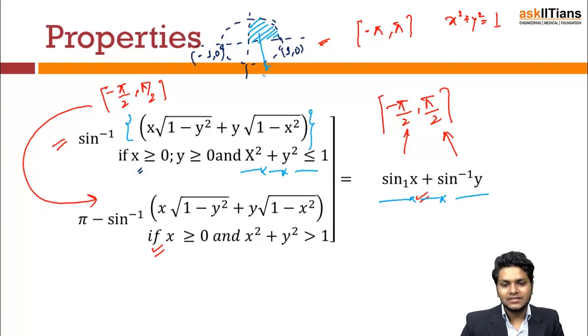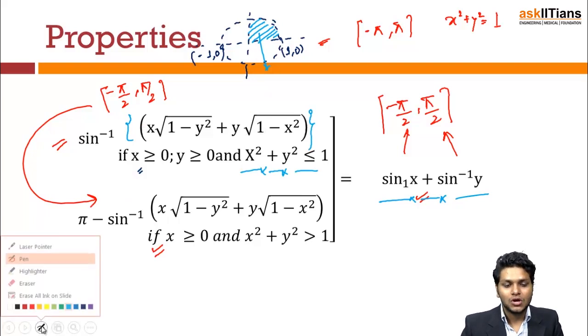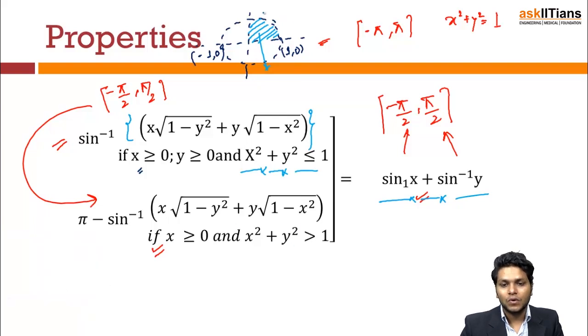And when x is greater than 0 and I am interested in the values where x square plus y square is greater than 1, which means it goes outside, the answer will be pi minus sine inverse of x root over 1 minus y square plus y root over 1 minus x square. So that is how we try to understand things.